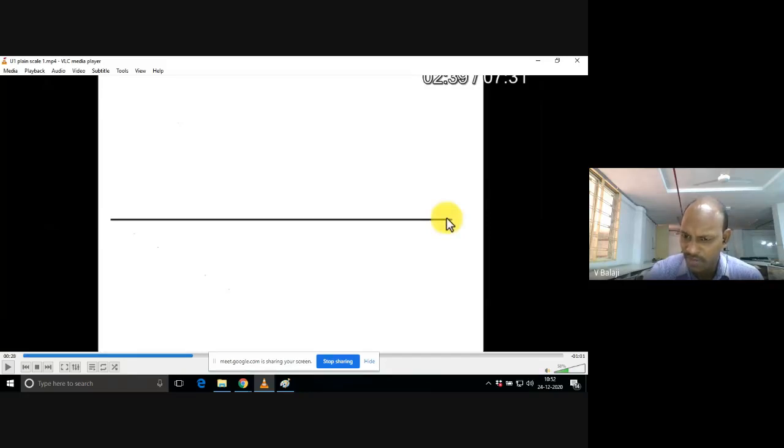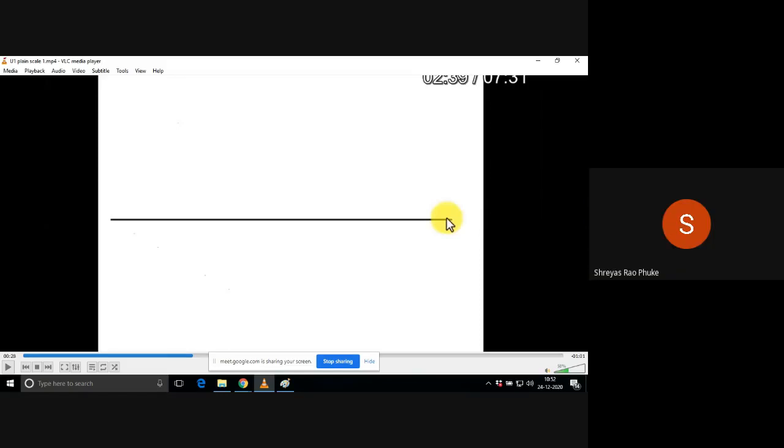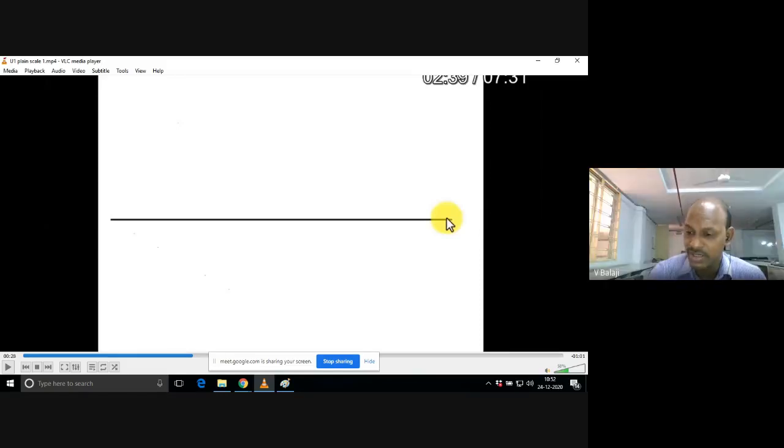If I divide it into 5 equal parts, then each part will be, can you please tell me? 5 decimeters divided into 5 equal parts, each part will be one decimeter. Yes. For that reason, conveniently we are dividing into 5 equal parts only.